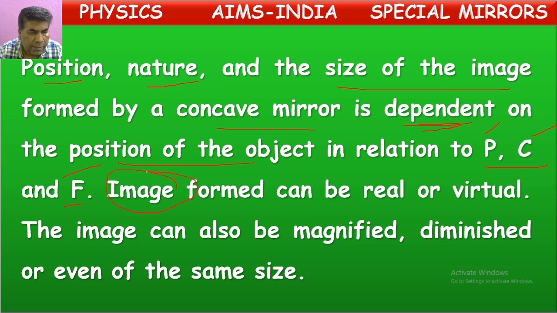Whatever image we are getting, it may be real or virtual, it may be magnified or diminished or same size, or it may be inverted or erect. All these things depend on location of the object in relation to PCF or CPF. Okay, next.